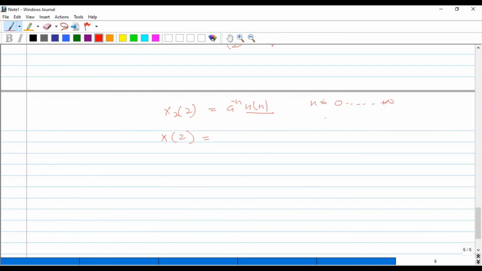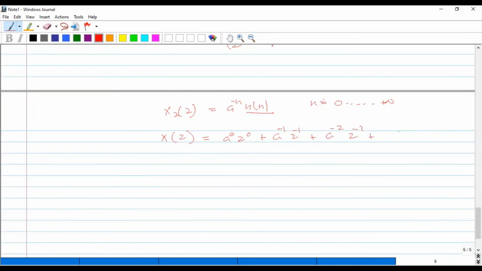So only these n's are available. If n is 0, we have a^0 z^0, plus if n is 1, we have a^-1 z^-1, plus if n is 2, we have a^-2 z^-2.